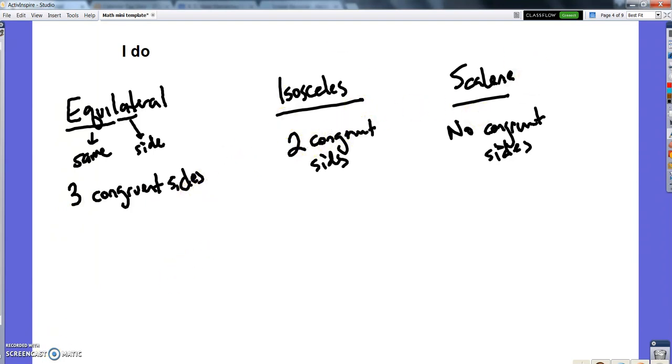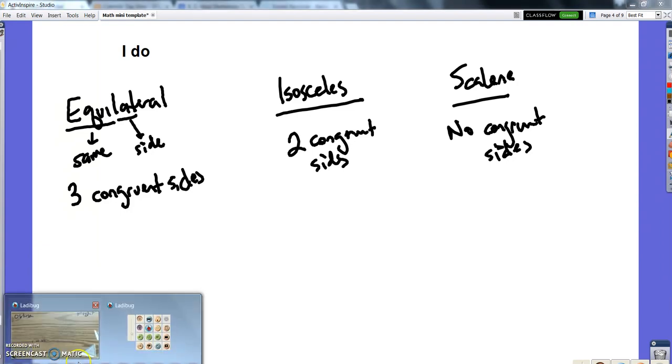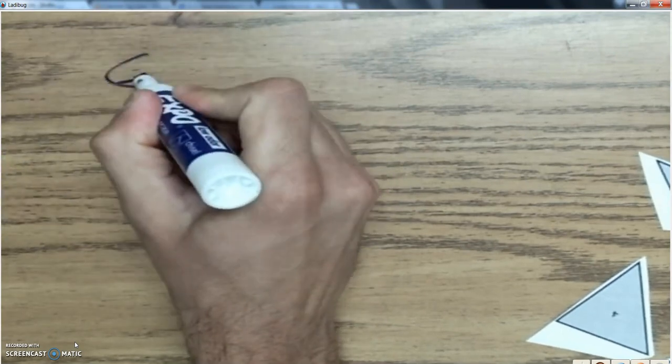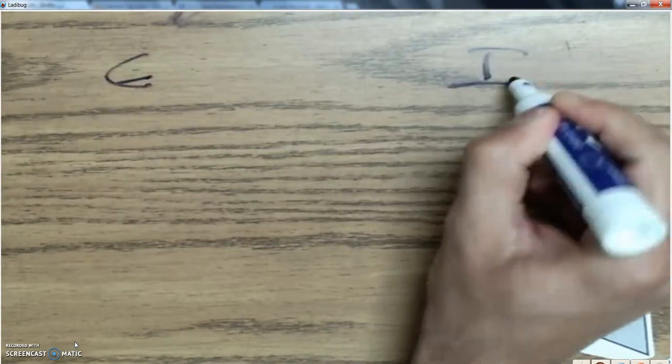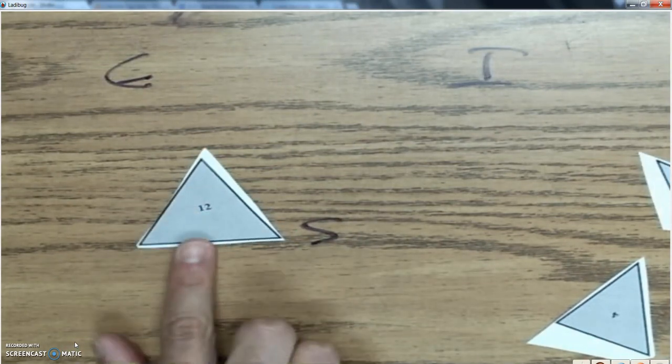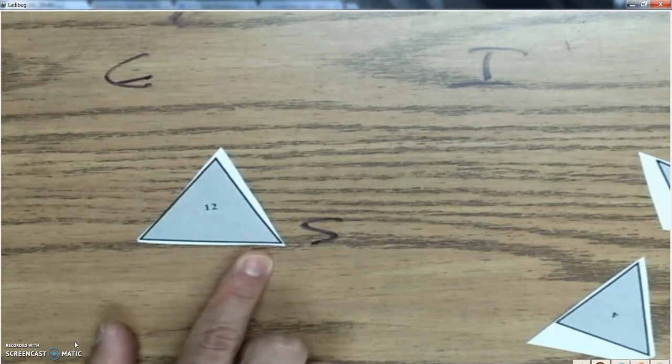So if I look at a few, then I'll do equilateral. Oh, you can't see that, can you? Equilateral, isosceles, scalene. And we just start to look. So like this one, I believe I'd have to get a ruler to be certain.